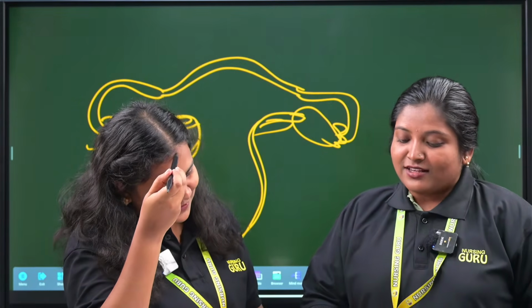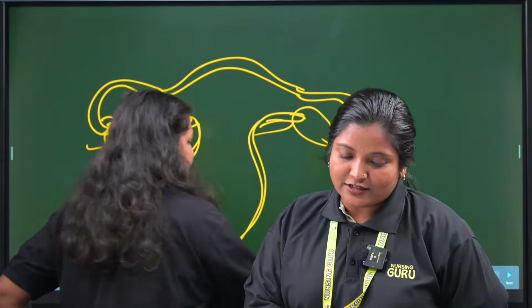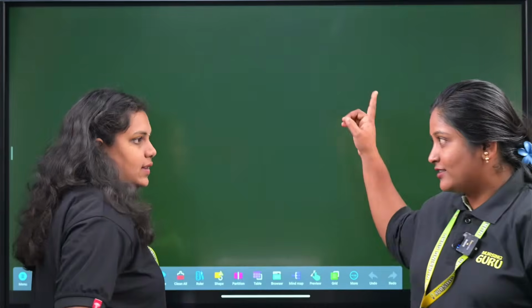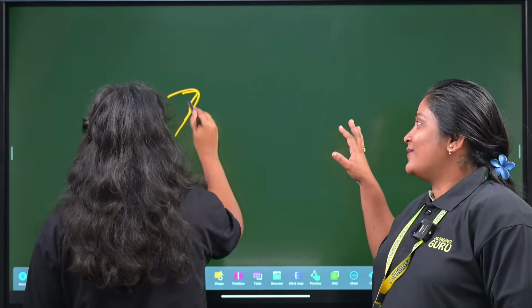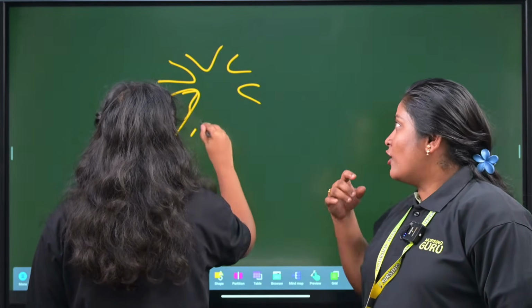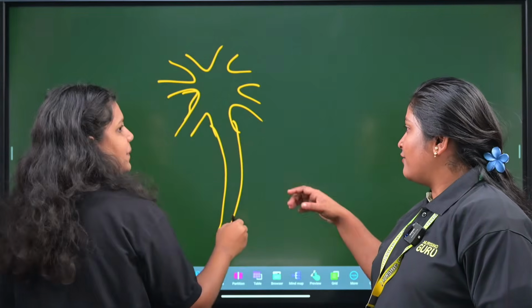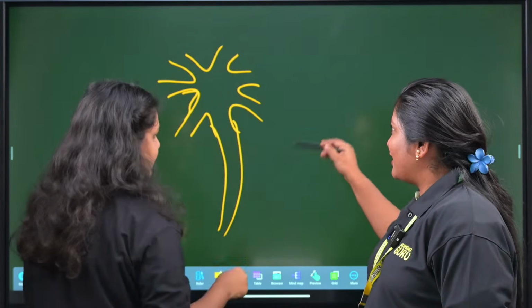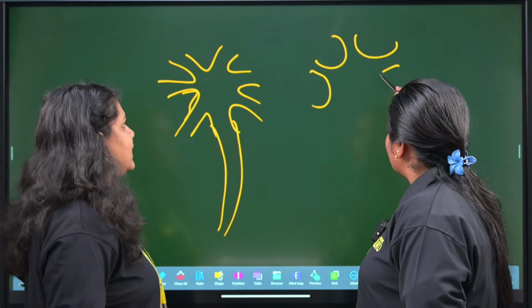Nervous system. In the nervous system, types of nerves and their structure and functions. One neuron is there; from childhood we are studying that neuron. The same neuron function and structure is there. We can write like this, or most of the time we write like this.